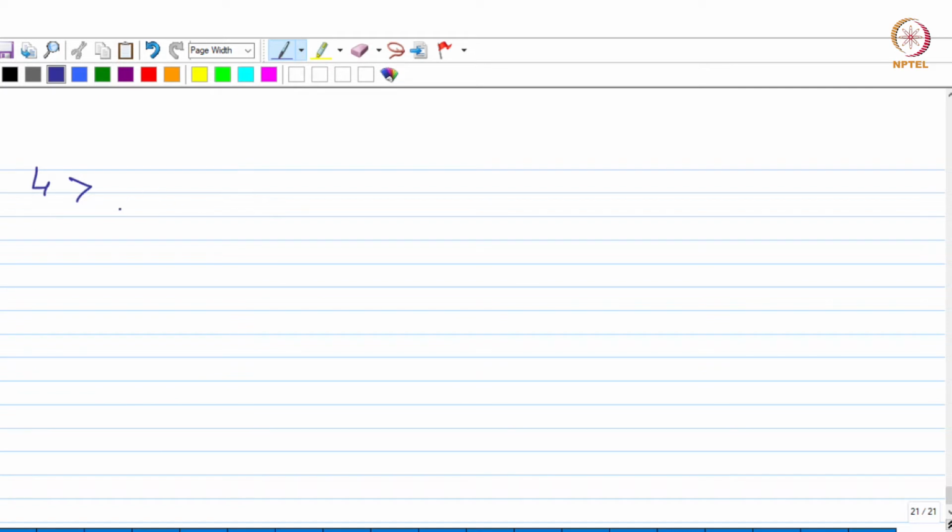And this is due to the modulus effect. Again, this is very similar to what we have discussed for solid solution strengthening. This comes because the local modulus changes because of a different modulus that the precipitates will have.